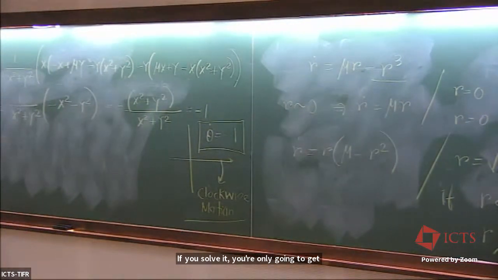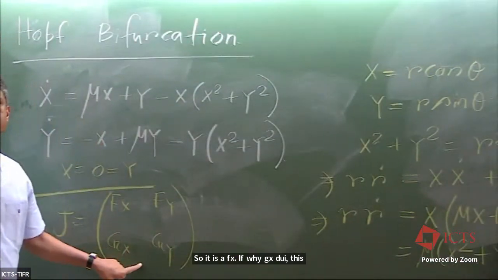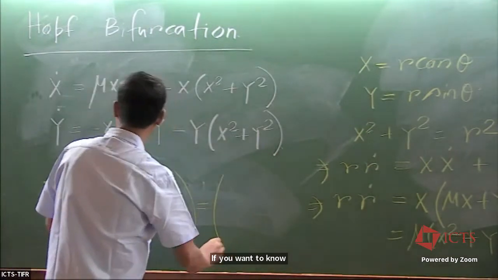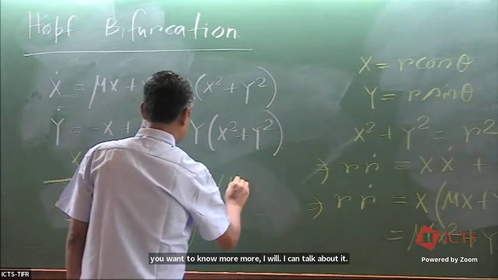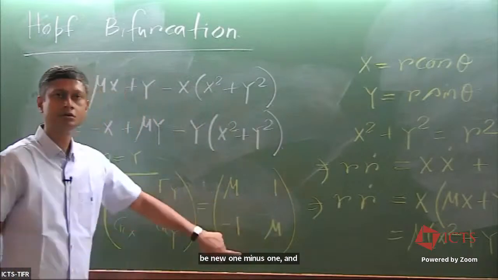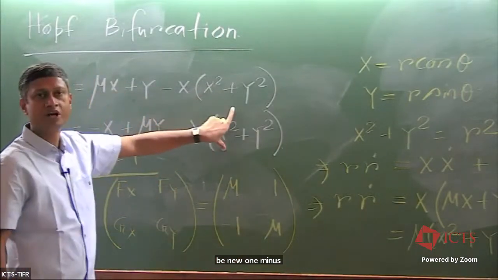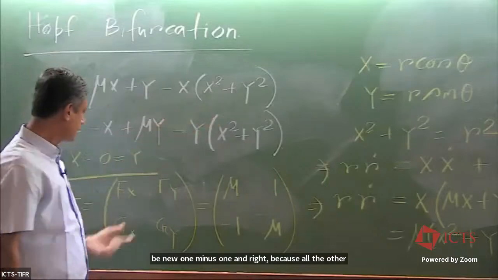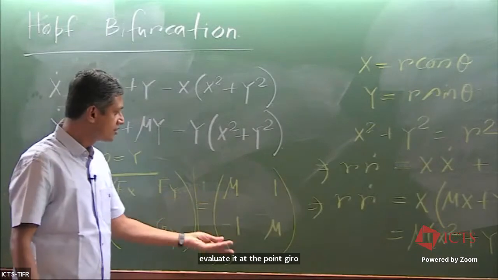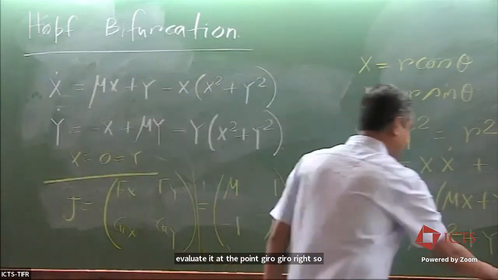And then the Jacobian would be del f del x, so it is f_x, f_y, g_x, g_y. This Jacobian comes from linear stability analysis. If you want to know more, I can talk about it. So there, this Jacobian matrix will come out to be mu, 1, minus 1, and mu, right? Because all the other components will use either x or y, and we have to evaluate it at the point 0, 0. So eventually you are only going to get this.